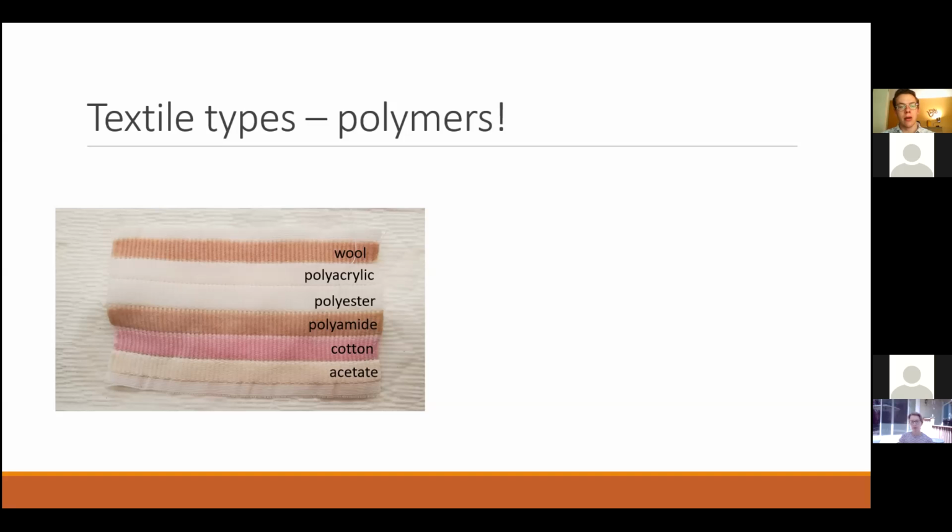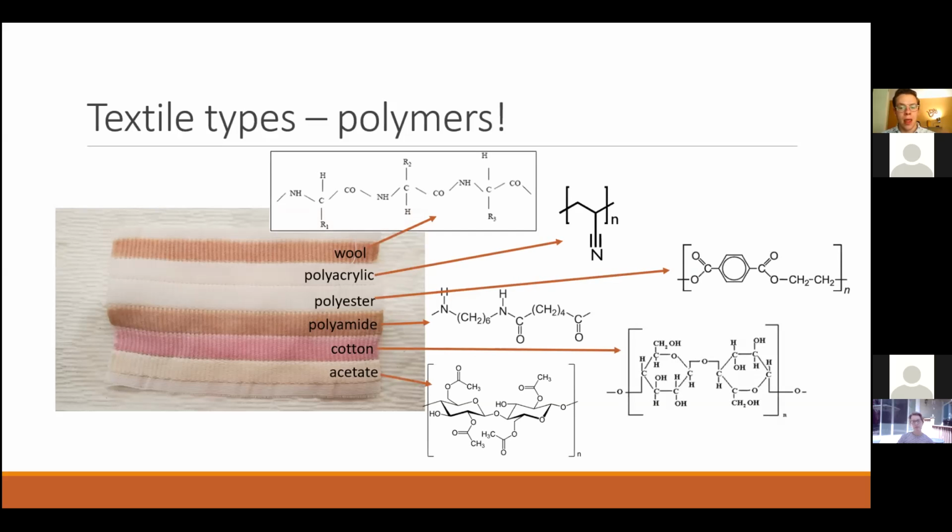So the textiles are all polymers. And this is important to remember because each of these units or monomers will bind differently to the dye molecule because they're all different. Some of you more astute ones may notice that these are fairly similar. They only differ in this acetate group, but as we can see from this dyed sample, that matters, because cotton here is dyed and acetate is not.